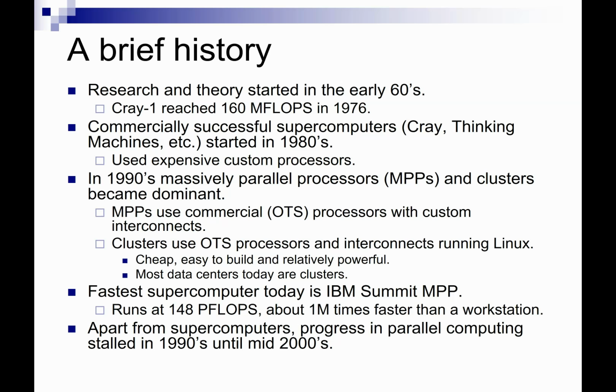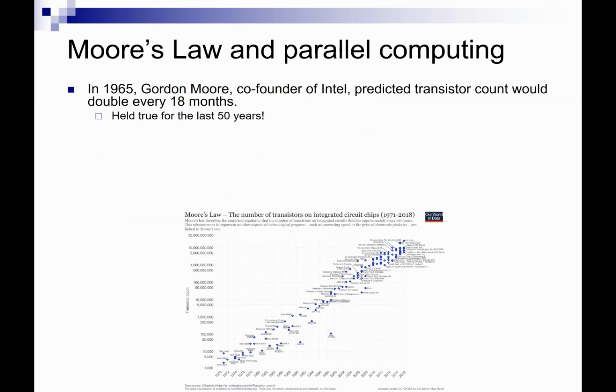Now I want to talk about the reason that there was such a dry period in parallel computing during the 90s to the 2000s. Basically, the reason is that it was not cost efficient to study parallel computing during those years. And the reason it wasn't cost efficient is because of Moore's law.